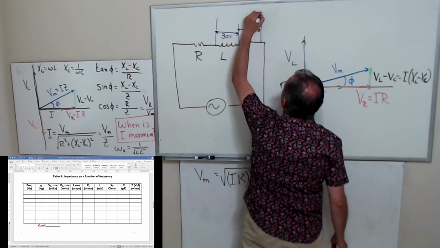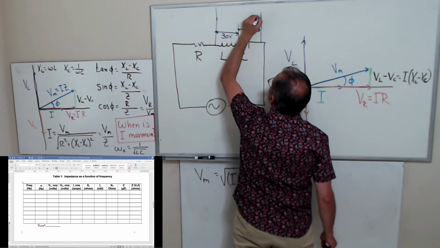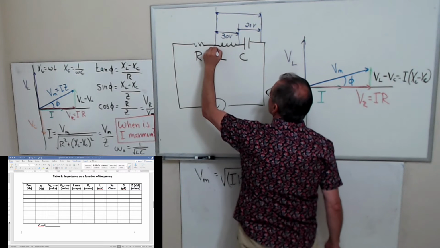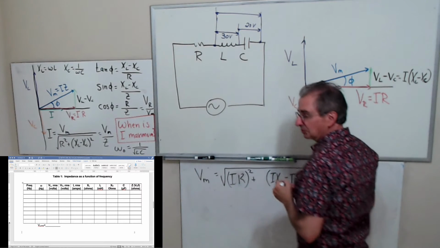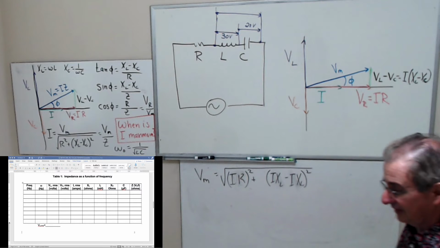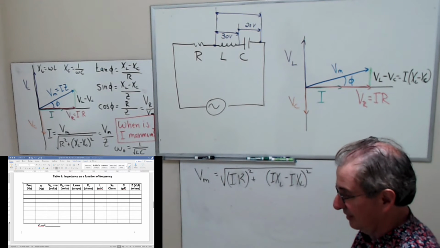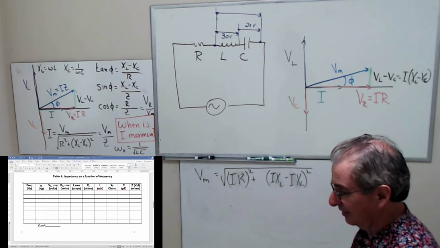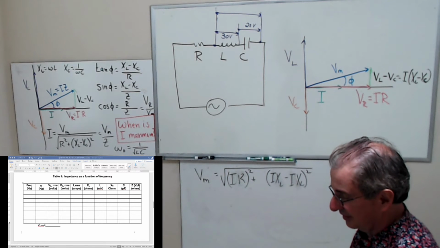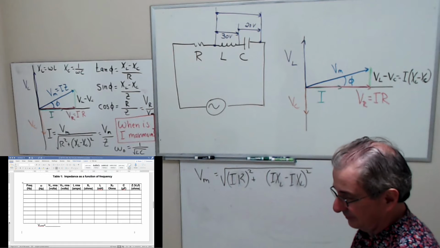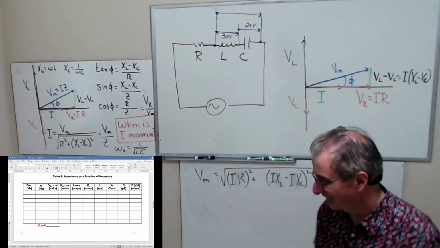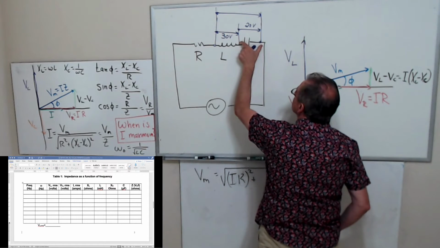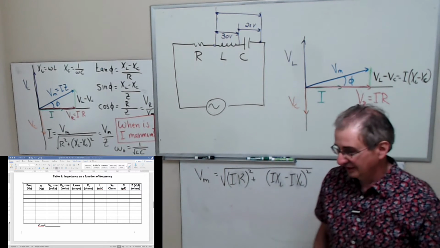And I took a multimeter and put it across these two. In other words, I want to find the voltage between this point and this point. What's the multimeter going to tell me? Does anybody want to guess? What's the voltage going to be between this point and this point, if this is 30 and this is 20?